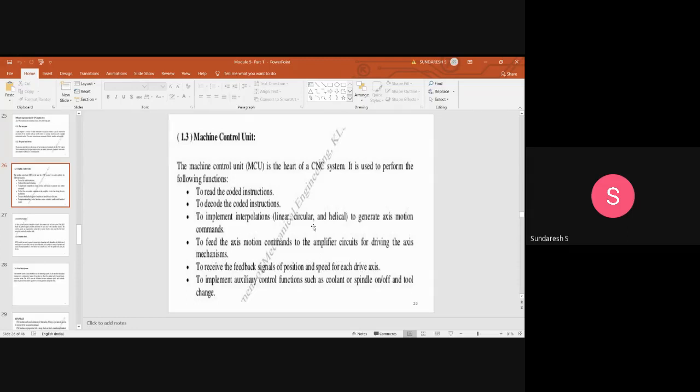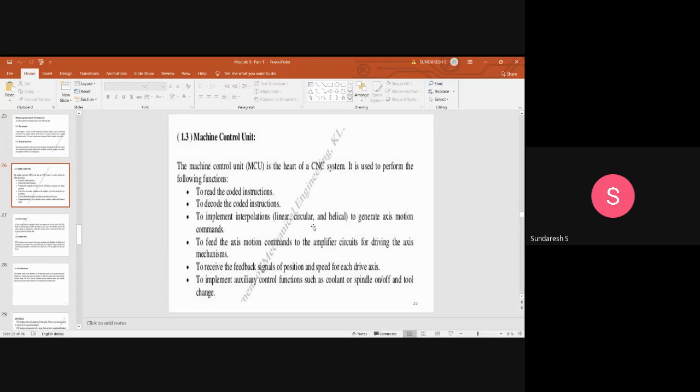The main function of the MCU is to read the coded instructions, to decode the coded instructions, to implement interpolations, linear, circular, and helical, to generate axis motion commands, to feed the axis motion commands to the amplifier circuits for driving the axis mechanisms, to receive the feedback signals of position and speed for each drive axis, to implement auxiliary control functions such as coolant or spindle on/off and tool change.